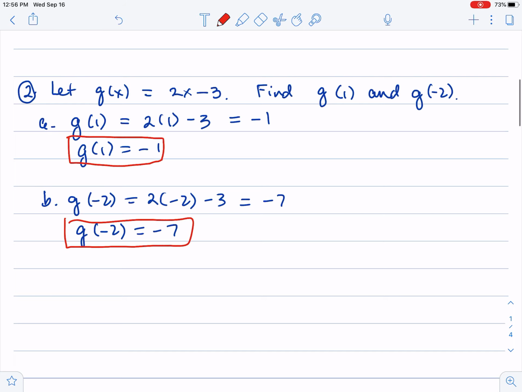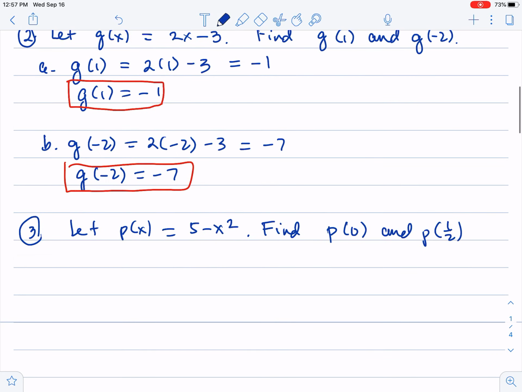And lastly, we have let p of x be equal to 5 minus x squared. Find p of 0 and p of 1/2.